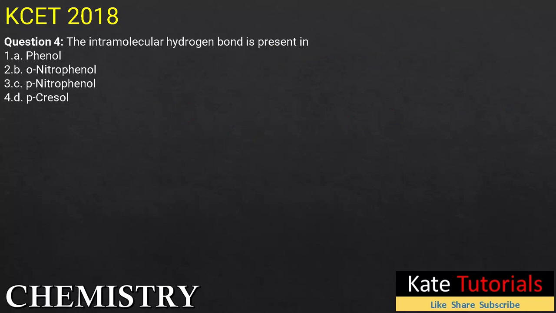Right. Talking about the fourth question, intramolecular hydrogen bonding. First you should know hydrogen bond is of two types: one is intermolecular, the other one is intramolecular.